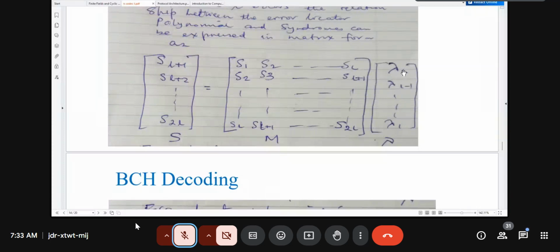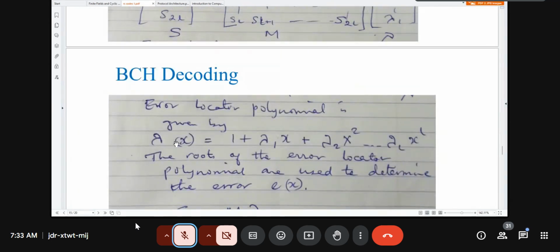This one starts from lambda L, and lambda 1 is here, going up to L. So this is the equation that helps us locate the errors. We have this error locator polynomial, which is what we are trying to create. We're trying to get lambda 1 up to lambda L.